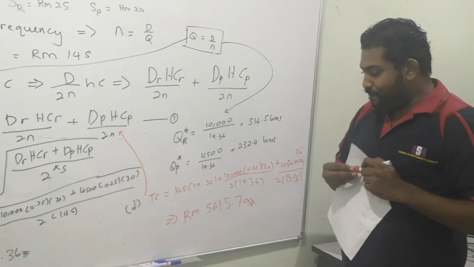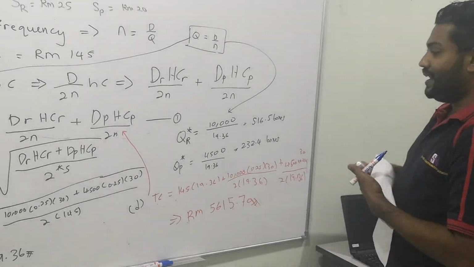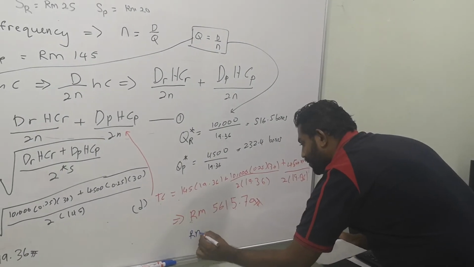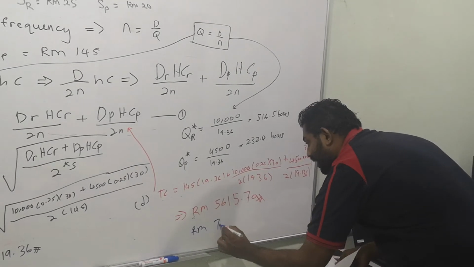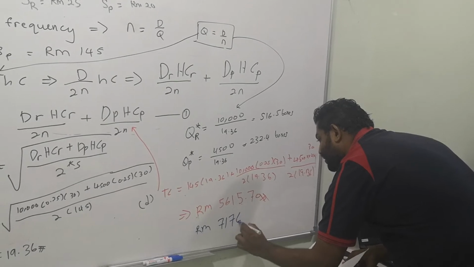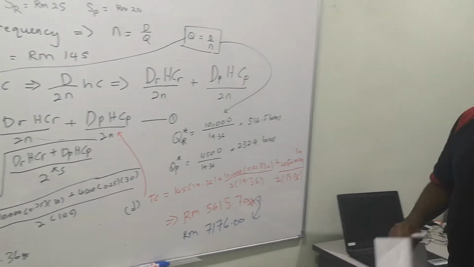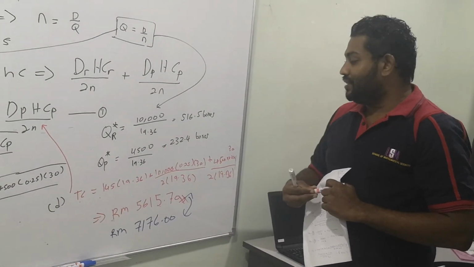This is question number D. If you compare back to the value you got when you were ordering separately, you get RM 7,176. Can you see the difference between these two? The difference is nearly 1,500.